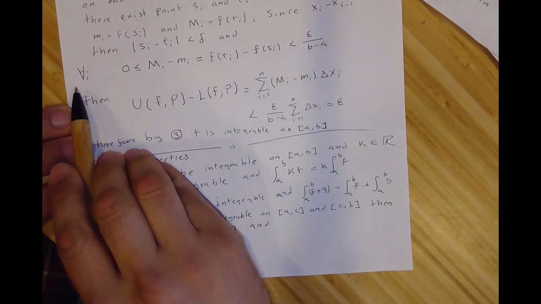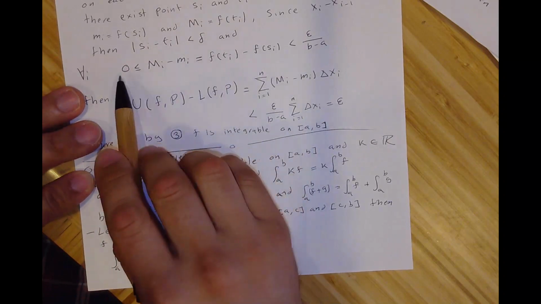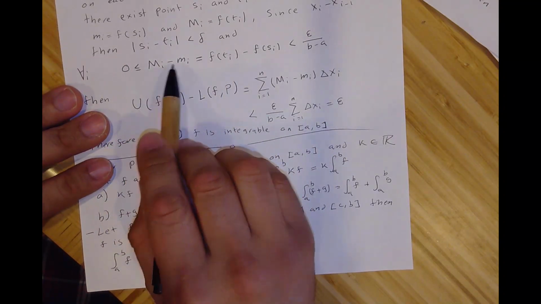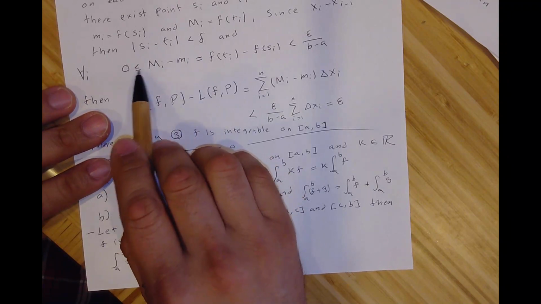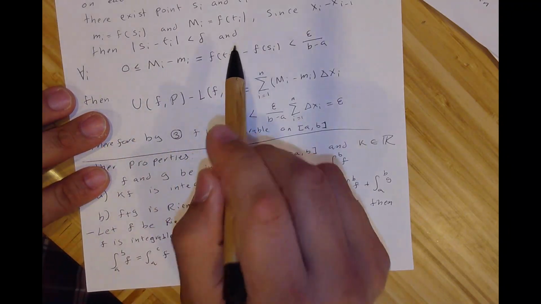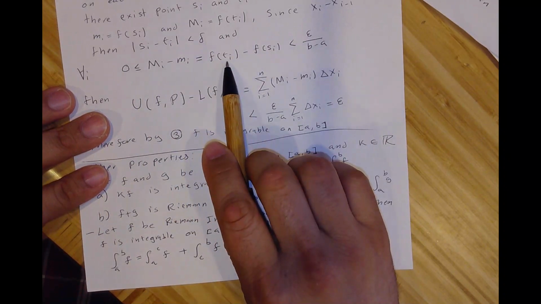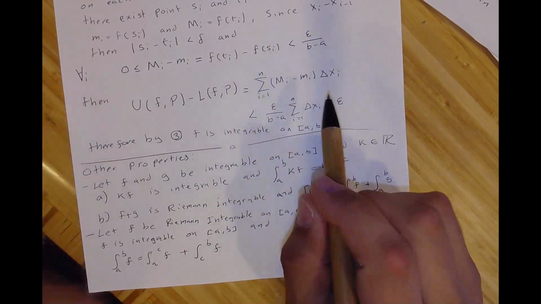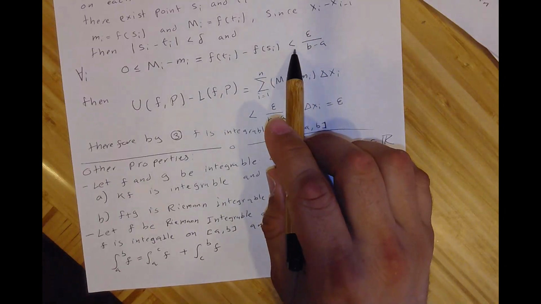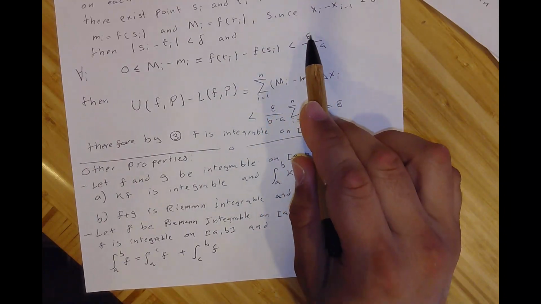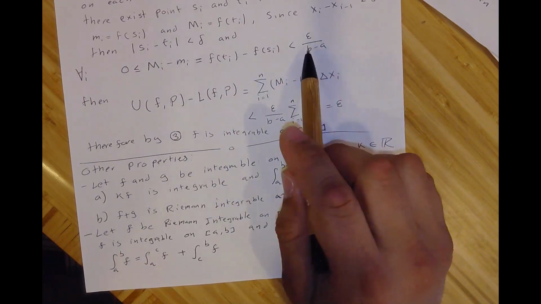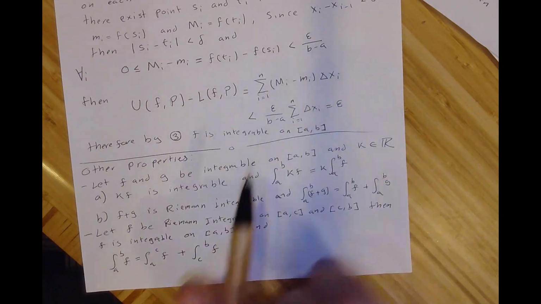Then for every i, the difference between the maximum and the minimum, which is greater than or equal to 0, is equal to f of ti minus f of si, which by the assumption is less than epsilon over the distance between a and b.